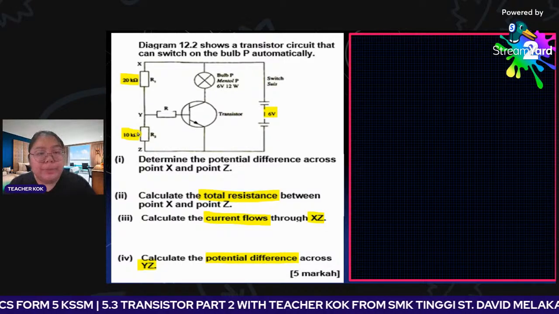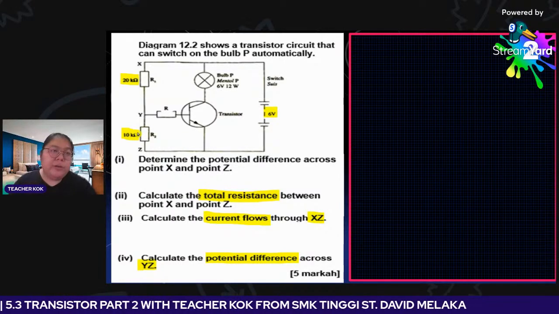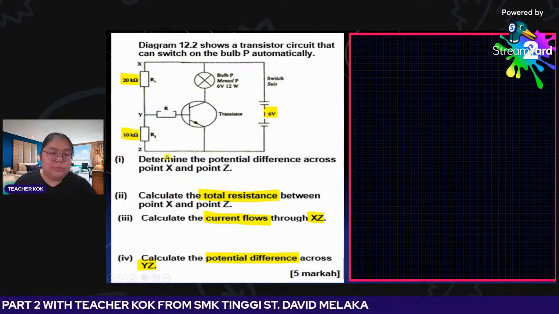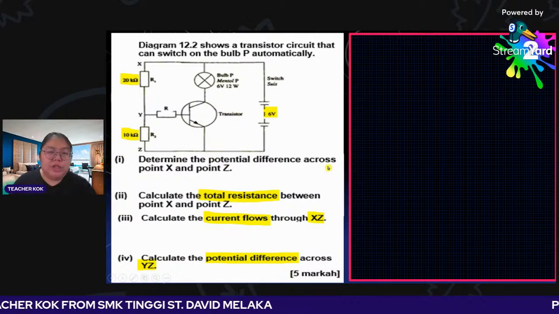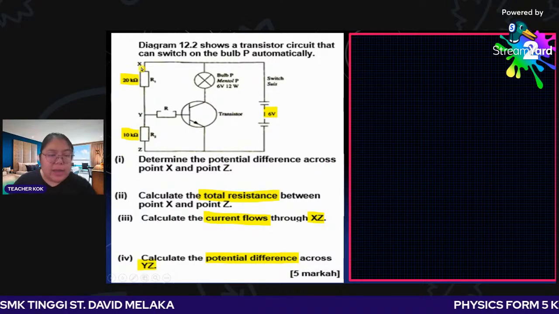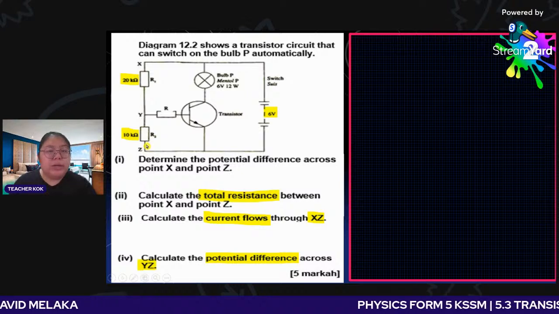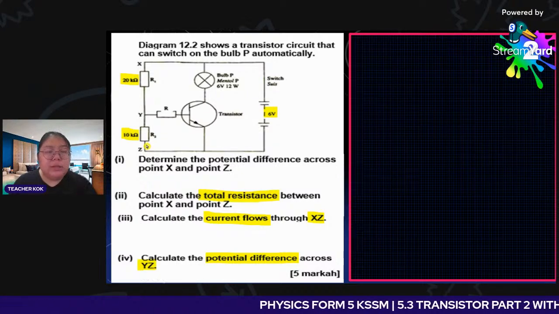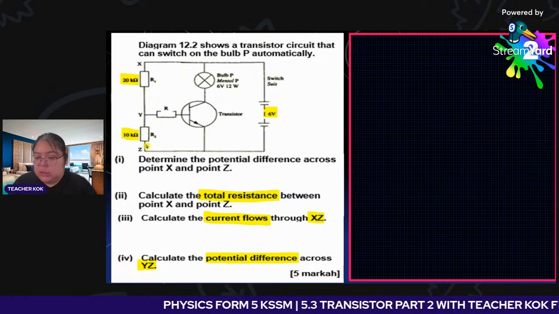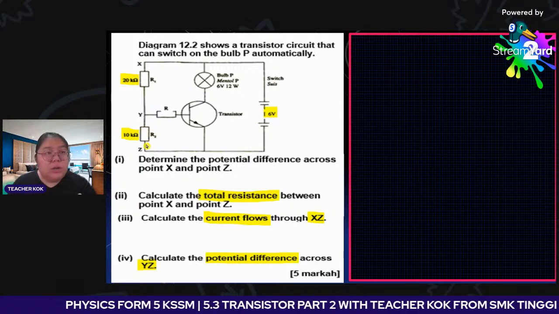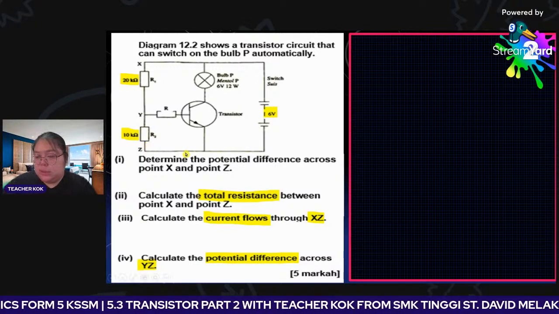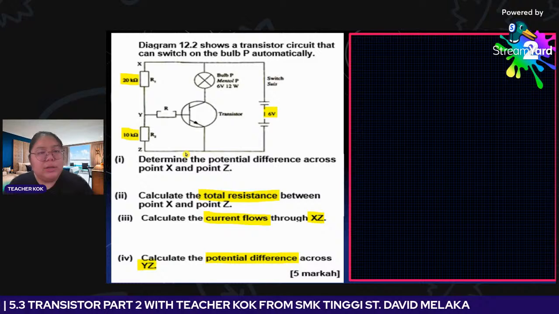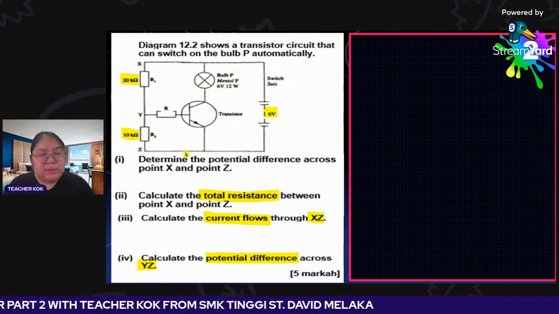Anybody here can answer for number 1? The potential difference across X and also Z, total is how many? If you don't know, you just refer to the diagram. The diagram already has the answer.